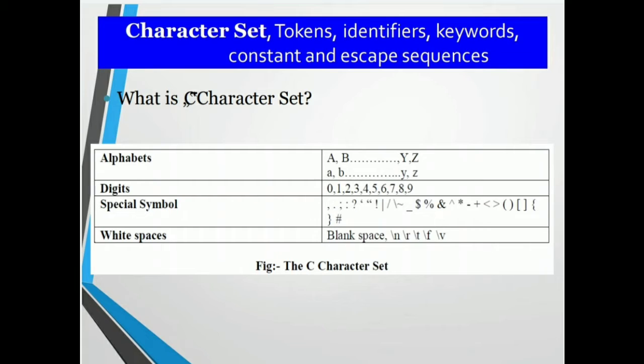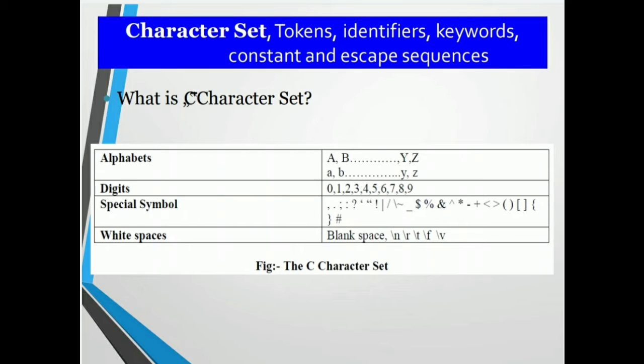The character set is a fundamental raw material of any language, and it is used to represent information. Like natural languages, a computer language will also have a well-defined character set, which is useful to build programs.